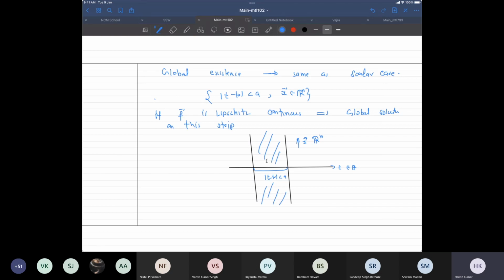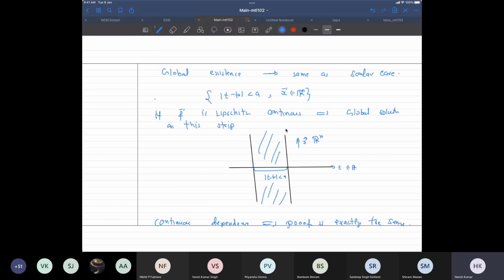All right, so now again what is left is continuous dependence, and again the proof is same. So continuous dependence proof is exactly same. Okay.